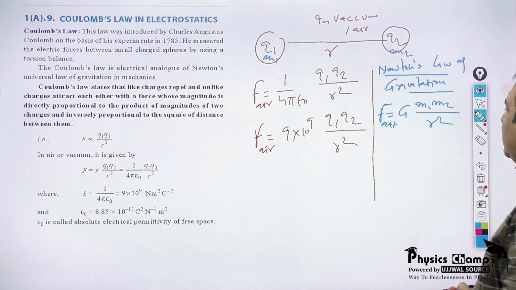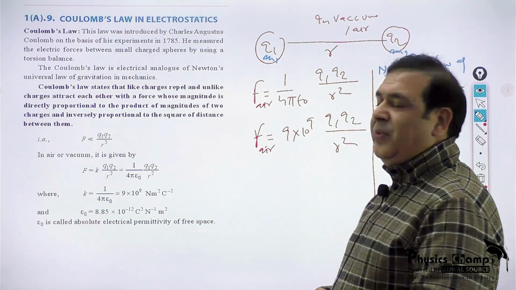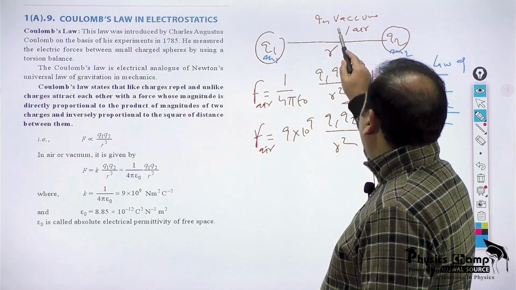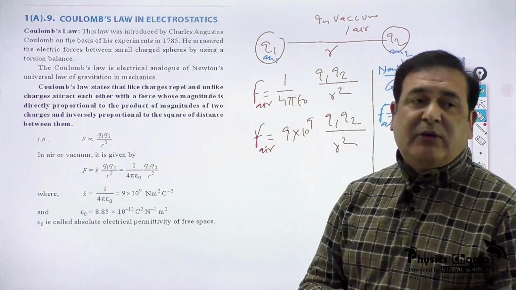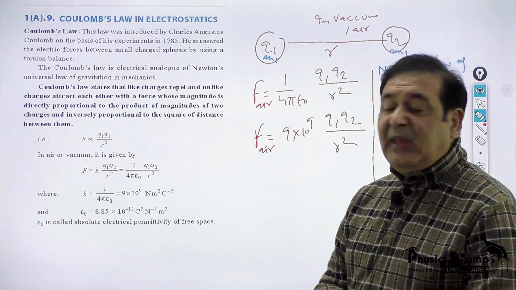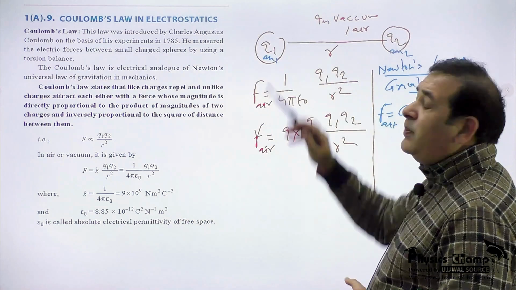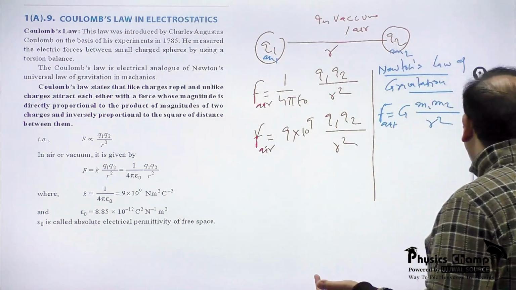Now we are in a position to talk a little more about the case where we do not have only air or vacuum between the two charges, but the space between them is filled with a medium.